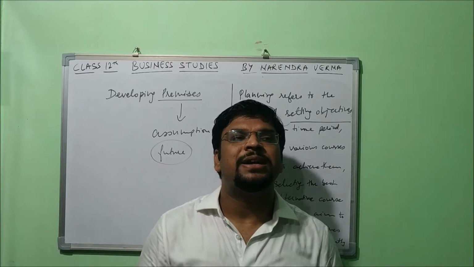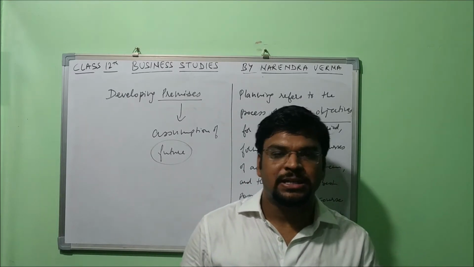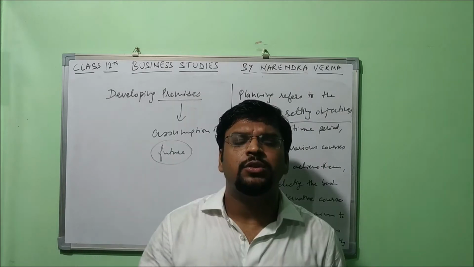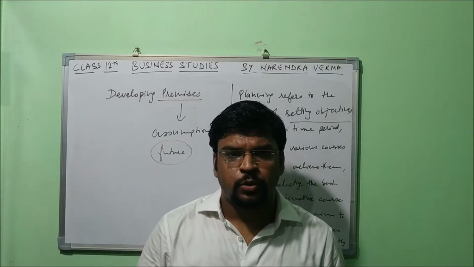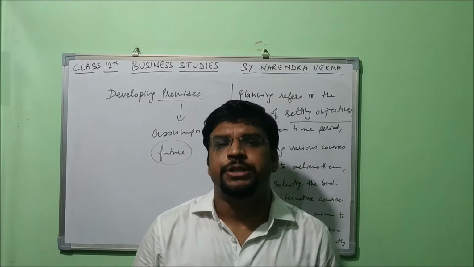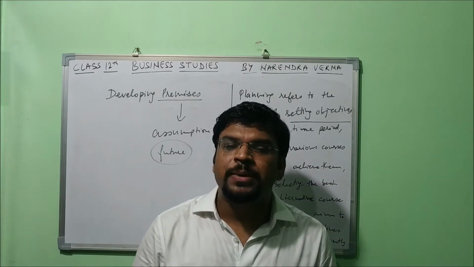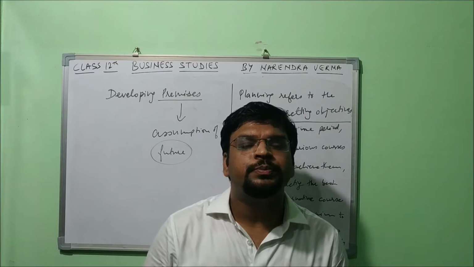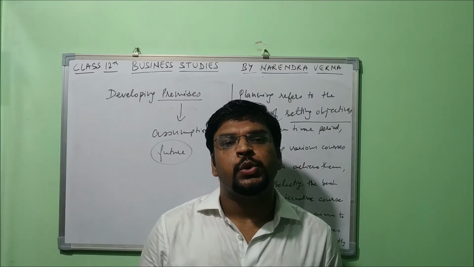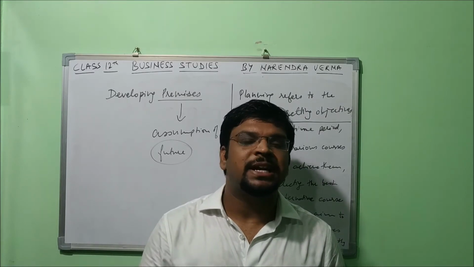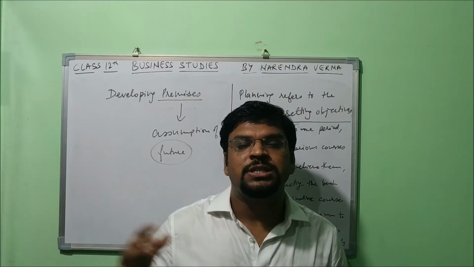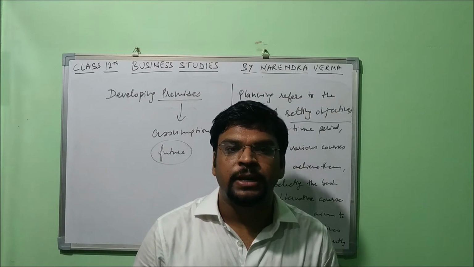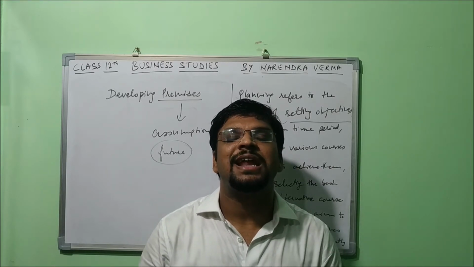I'll give you a better example so that you can understand, a current example. Right now the situation of the COVID-19 pandemic is going on, right? So many countries had to do planning to handle this problem. They set the objectives very first, that we have to save our countrymen from this fatal disease, we have to save our entire country.